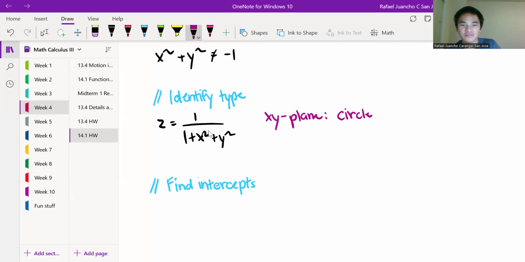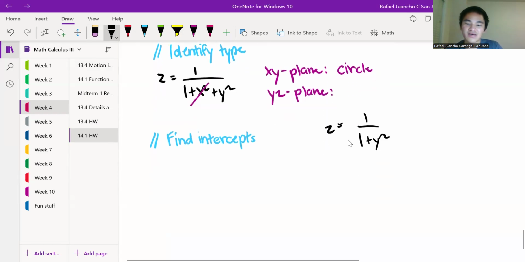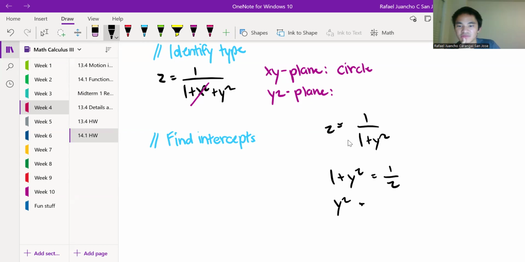When my x is gone, so in the yz plane, I'm going to have z equals 1 over 1 plus y squared. Now, what is that? To me, that looks like a parabola, but we're going to check ourselves. I could say y squared is 1 over z minus 1.